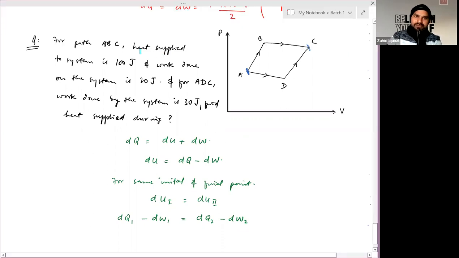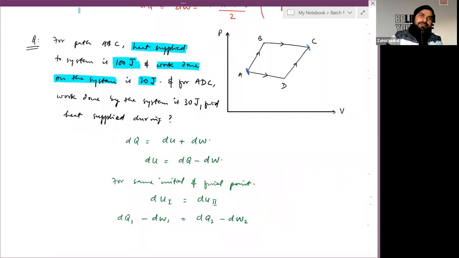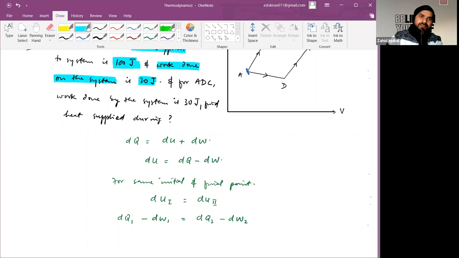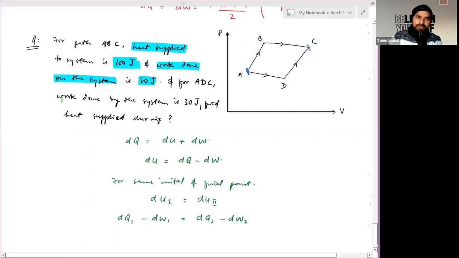Now, in the question we have given heat supplied to the system is 100 joule, for which work done on the system is 20 joule. In second part, we have work done by the system is 30 joule.